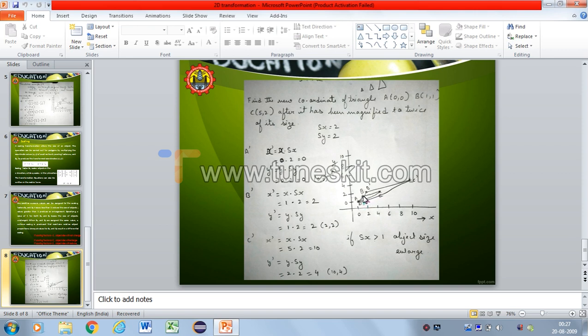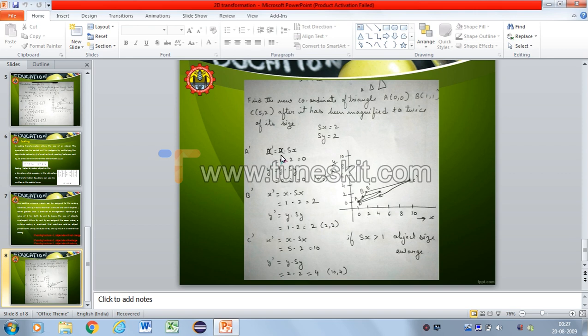Now you want to magnify this triangle to twice its size. So how can we do it? We can find A dash having coordinates x dash and y dash. So for this x dash, we apply the scaling transformation formula.